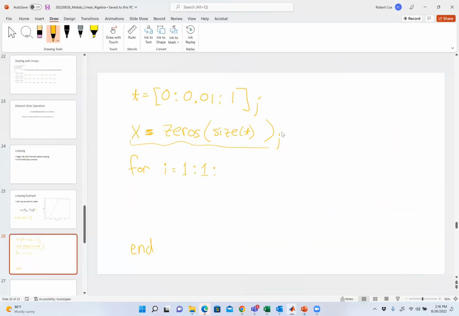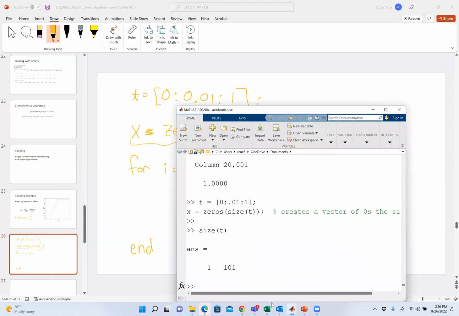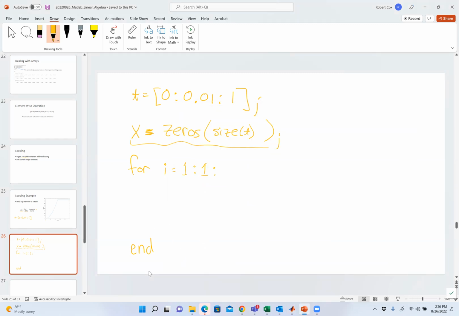So I can't put size of t here because it's 2 numbers. I got to get 1 number. Which number is it that I want to get out of there? The 101. So the other command that exists is length. So I can say length of t, and that outputs that number. So I have this going 1 to 1, and I would write length of t.